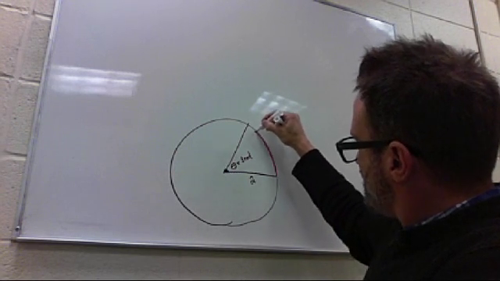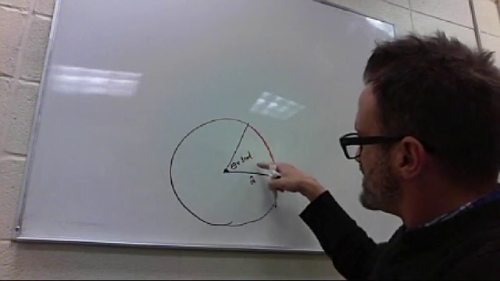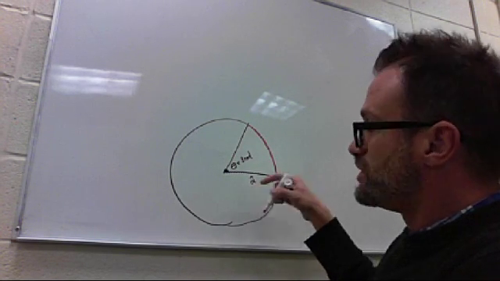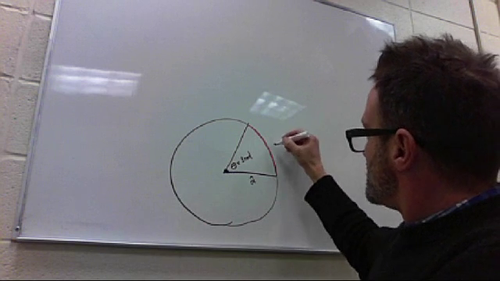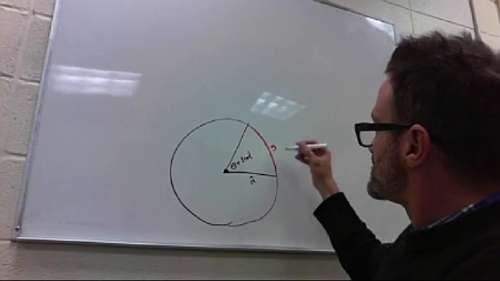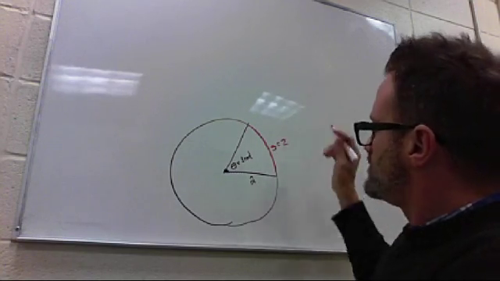If the angle measure we're dealing with is 1 radian and our radius is 2, well then that means that this arc length S is going to be the length of 1 radius, which is 2.